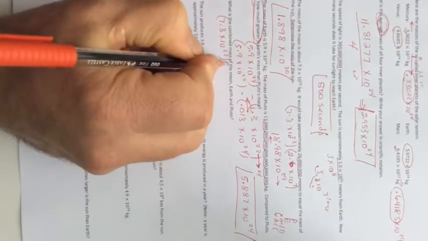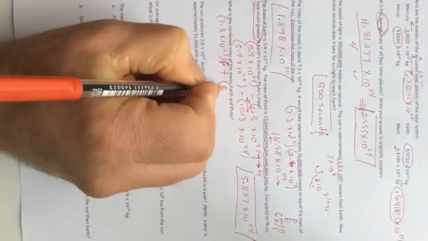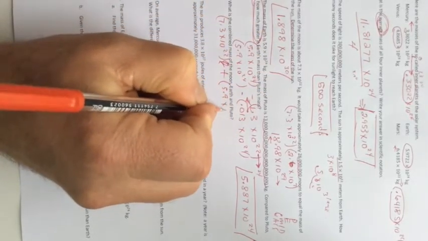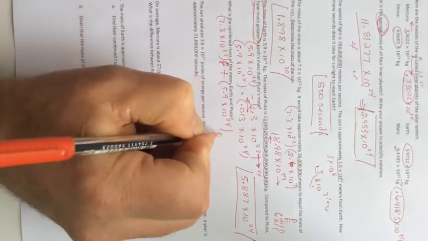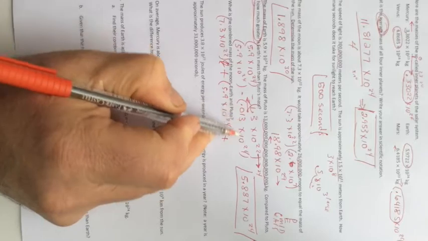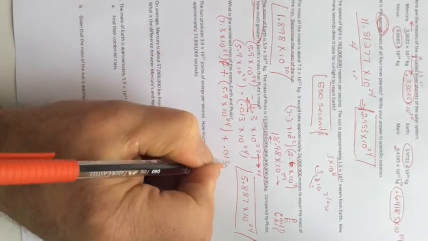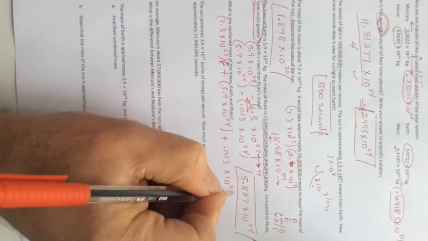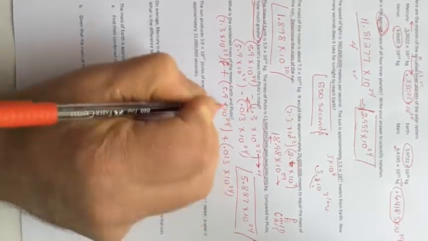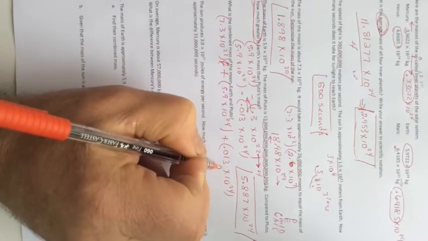We want to add to that the Earth, 5.9 times 10 to the 24, and then we want to add to that Pluto. Now I think I'll just use this form of Pluto since I already have it in 24. So 0.013 times 10 to the 24, because we have to get them the same anyway.